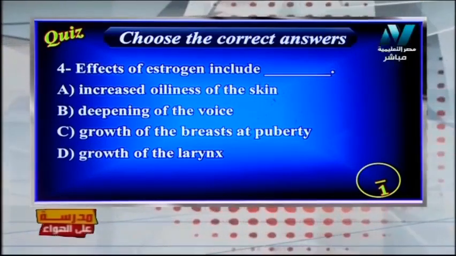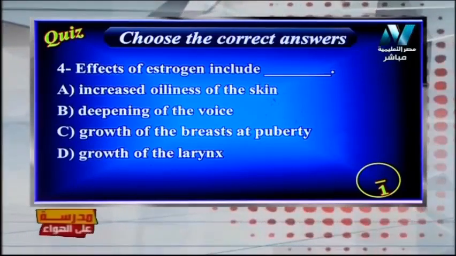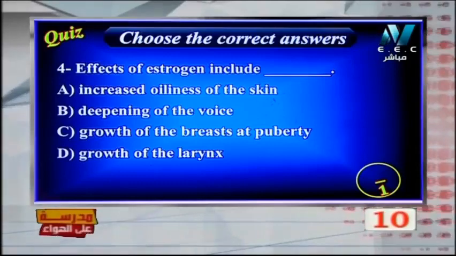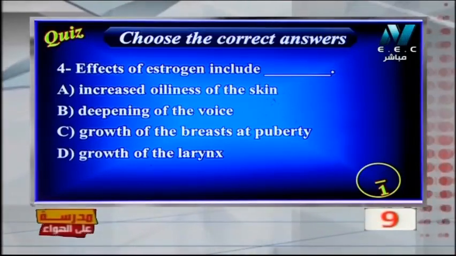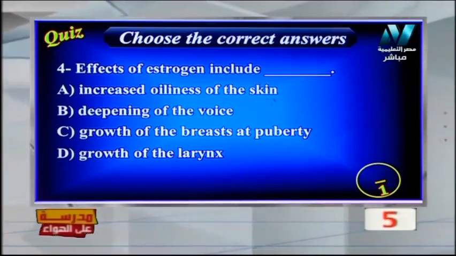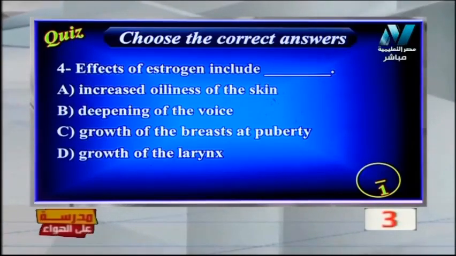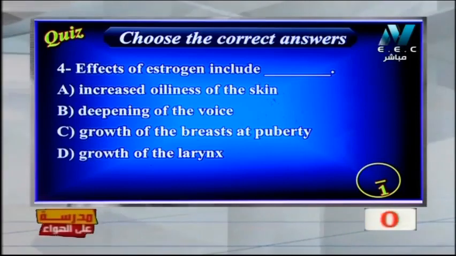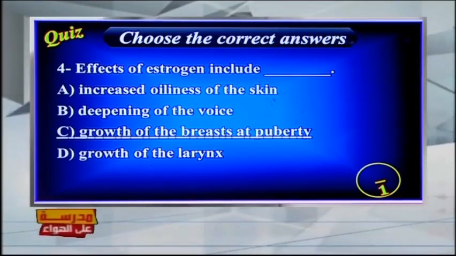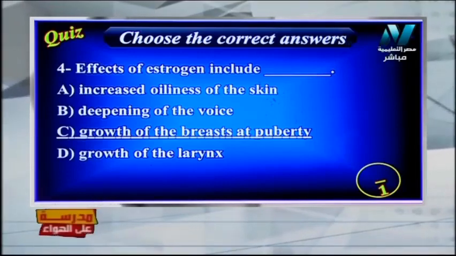Number D, growth of the larynx. 10 seconds for the right answer. This is an easy question, and the answer is simply growth of the breasts at puberty, because estrogen is a female hormone.